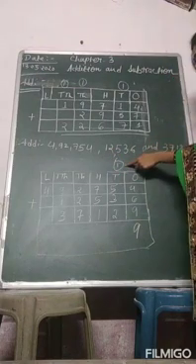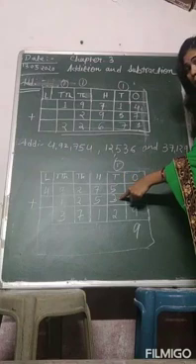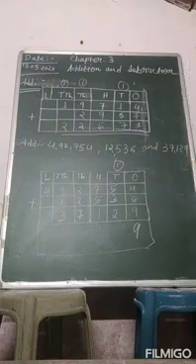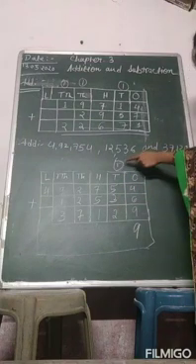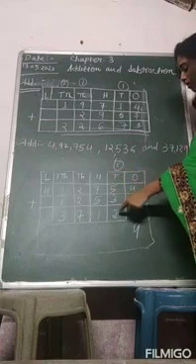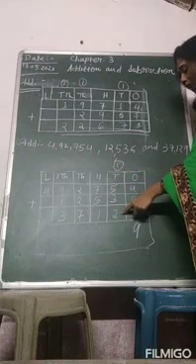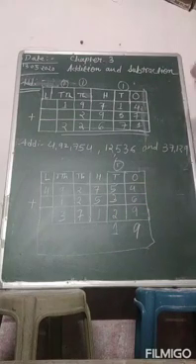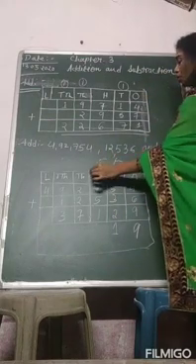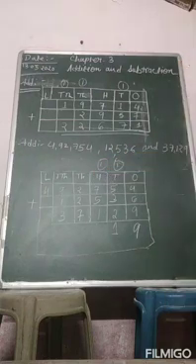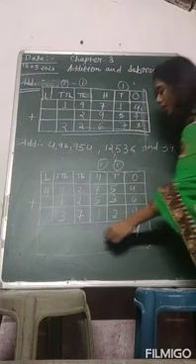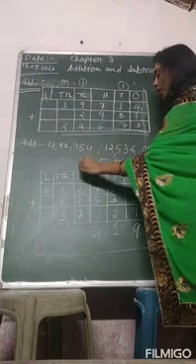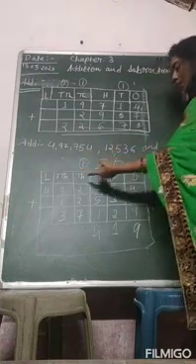Now add 1 plus 5 plus 3 plus 2, that is 11. So we will write 1 in the tens place and 1 carry over to the 100 place. Now 1 plus 7 plus 5 plus 1 is 14. So here we will write 4 and 1 carry over to the next place.